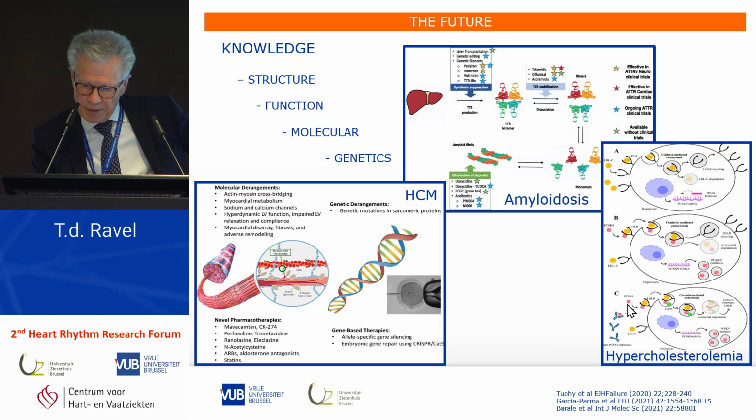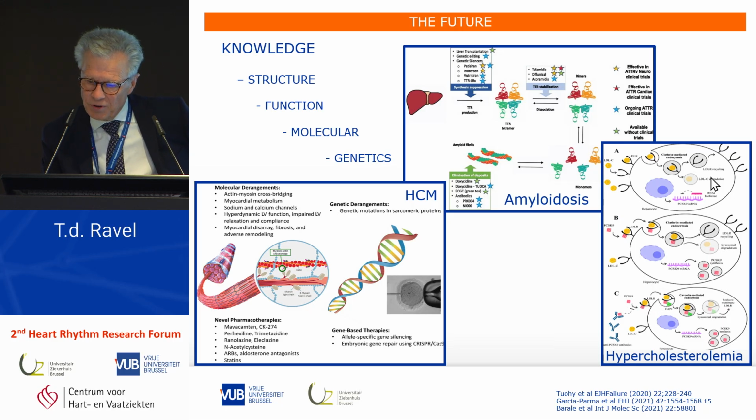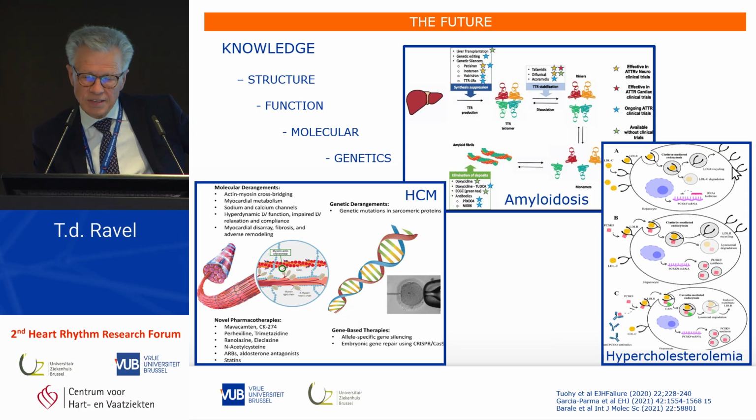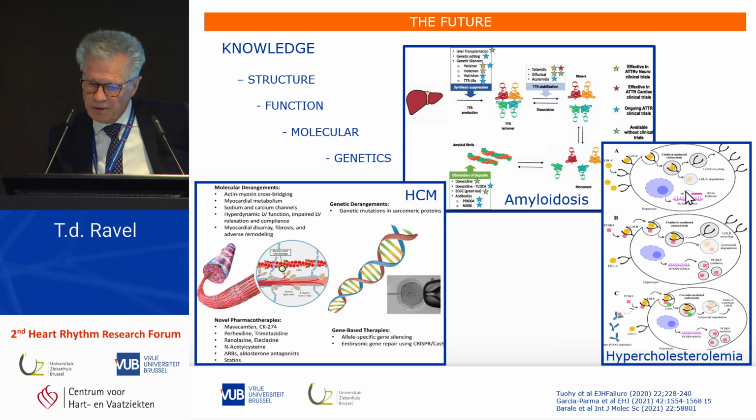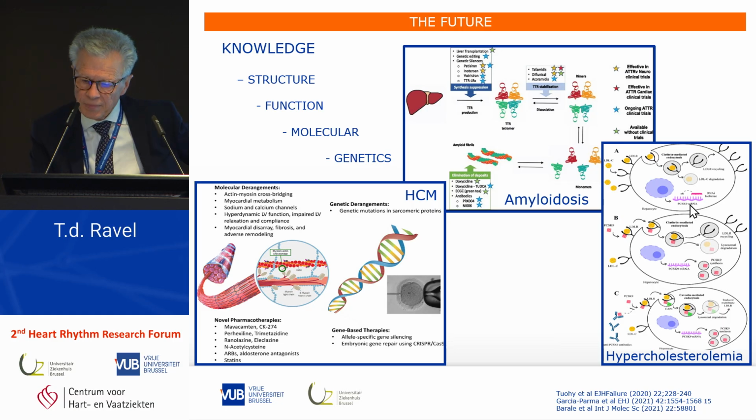And the one that the patients like the most is the one for hypercholesterolemia, because if we look at LDLR, that's the low-density lipoprotein receptor. Very important in the last few years, if we look at how the treatment is done now, if we go from DNA to RNA, when we get to the messenger RNA, nowadays we have what we call small interfering RNA molecules, which come in and bind the PCSK9 RNA.